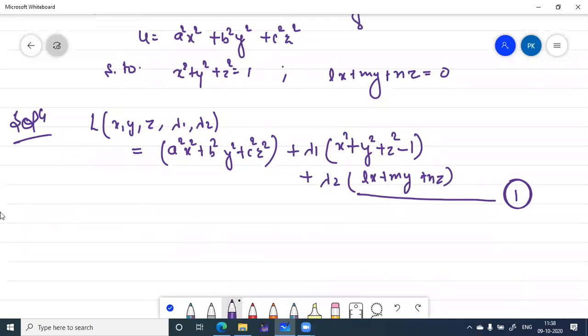Evaluate del L over del x is equal to 2a square x plus 2 lambda 1 x plus l lambda 2 equated to 0.